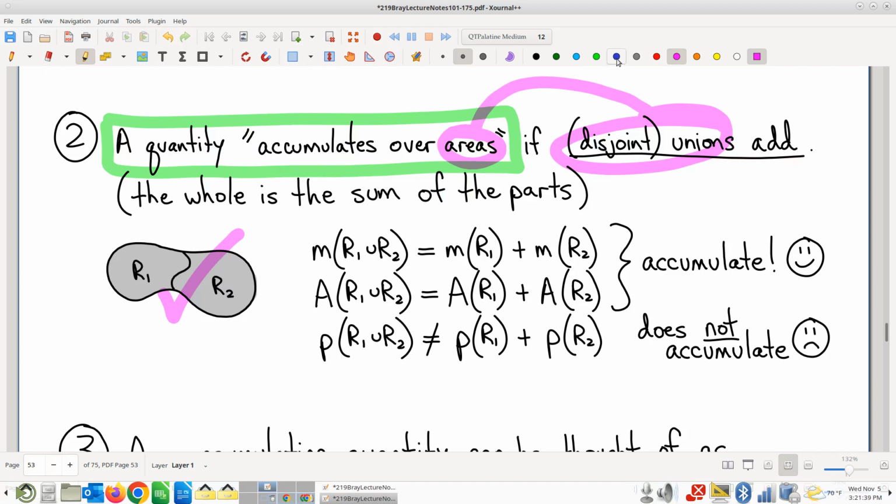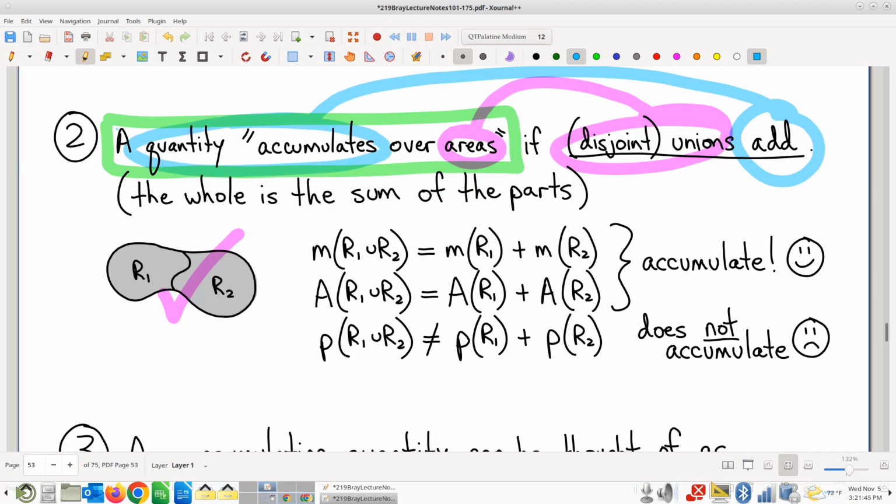When you take disjoint unions, you add the quantity. So mass has this feature: the mass of a disjoint union, the whole, is the sum of the parts. Likewise with area. The area of a disjoint union, well, the whole is the sum of the parts.